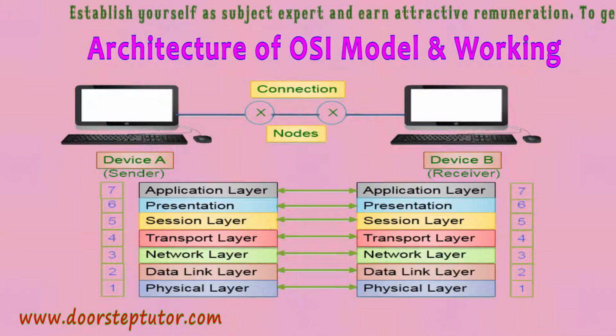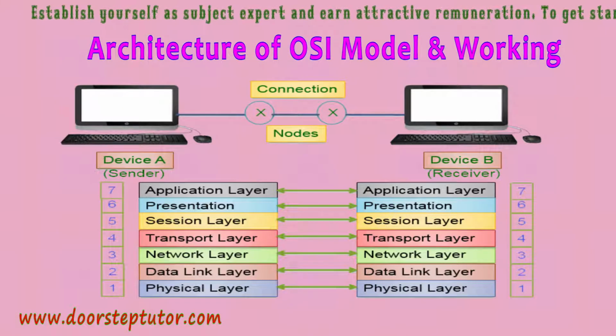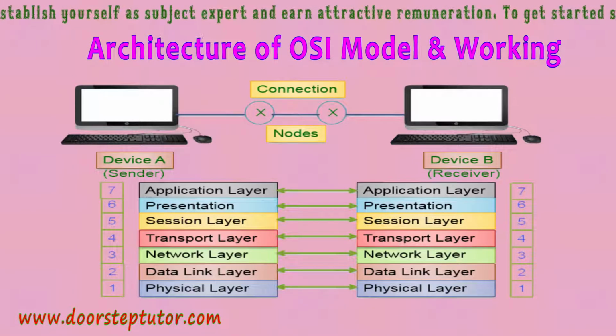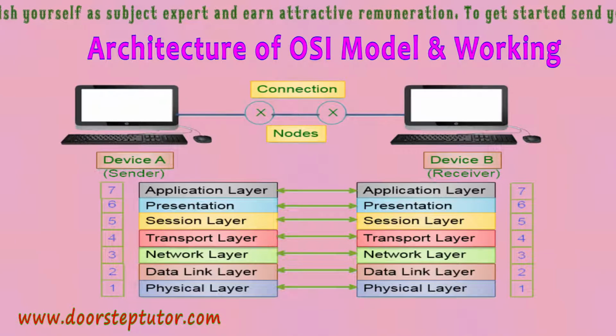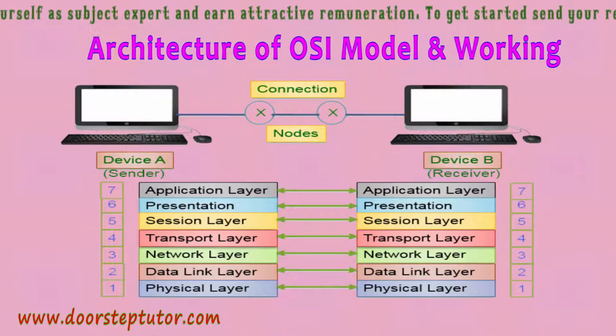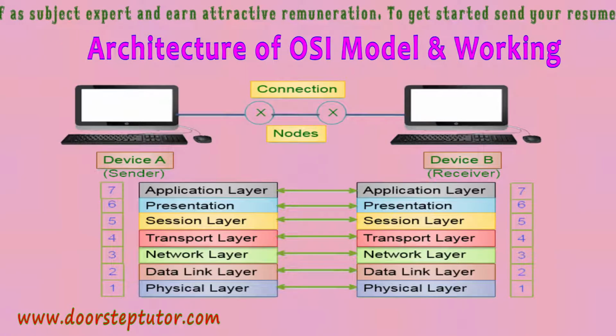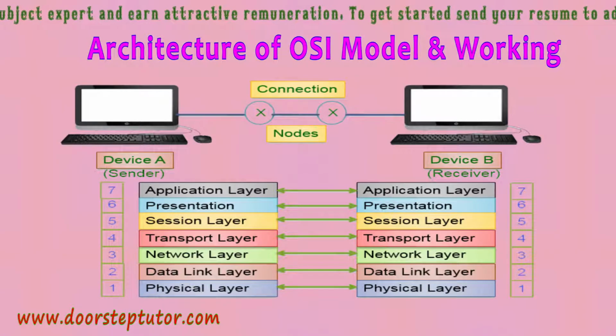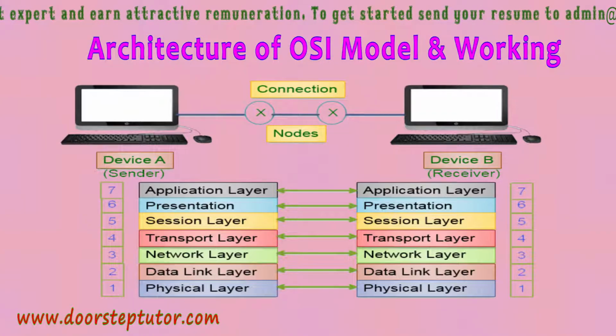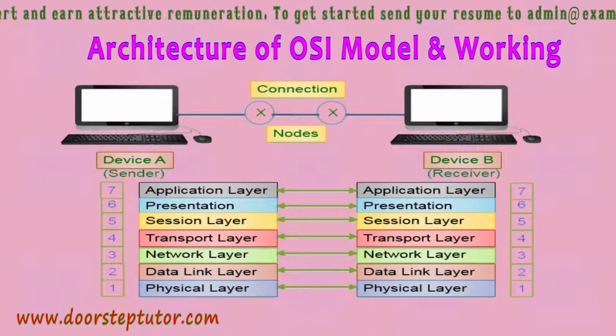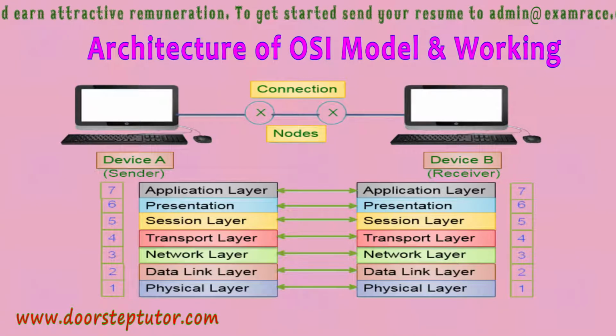So this diagram represents the whole working of the OSI model, and the 7 layers will communicate with the other 7 layers of the second network in order to communicate properly and transfer the message from the source to the destination. So this was about the working of the OSI model.